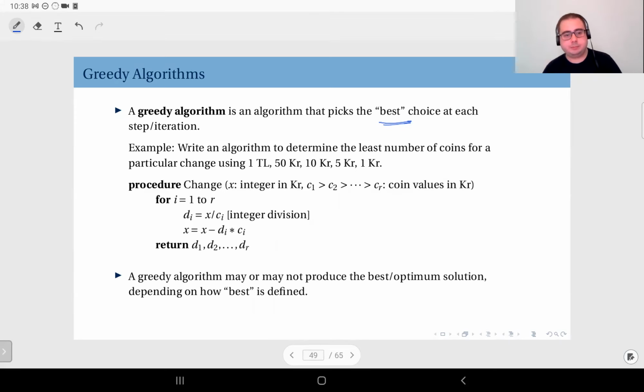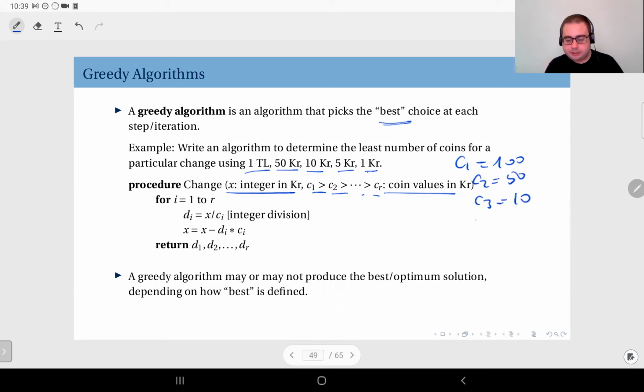Here is a very simple example. Write an algorithm to determine the least number of coins for a particular change using 1 lira, 50 kurush, 10 kurush, 5, and 1 kurush. Okay, so the algorithm is given here, and the inputs are the amount that we would like to build in kurush, and the denominations, the coin values, C1, C2, etc., down to C sub R. So in our specific example, C1 would be 100, C2 would be 50, C3 would be 10, C4 would be 5, and C5, 1.